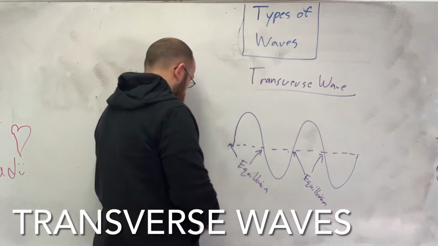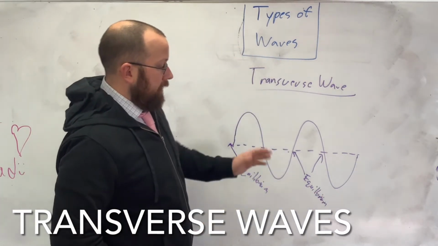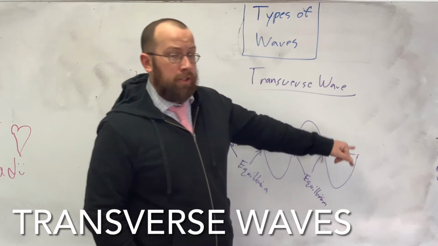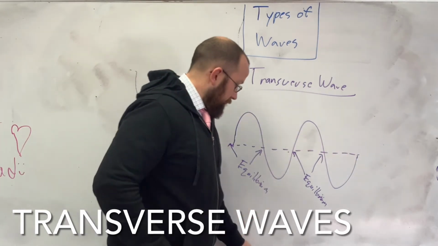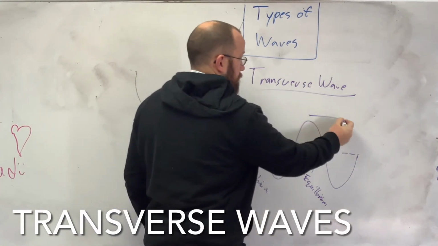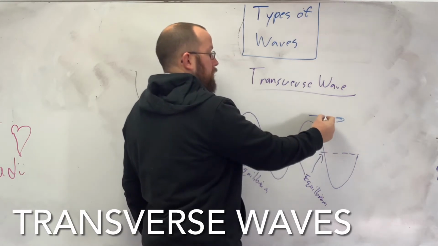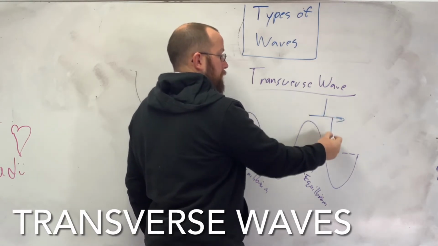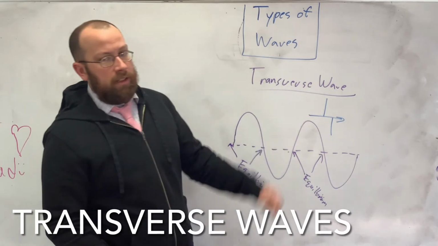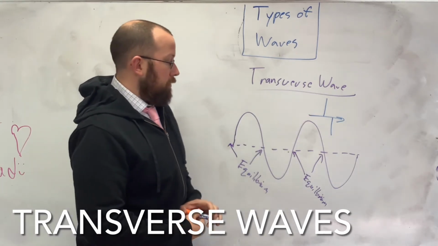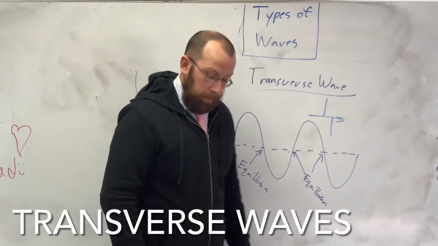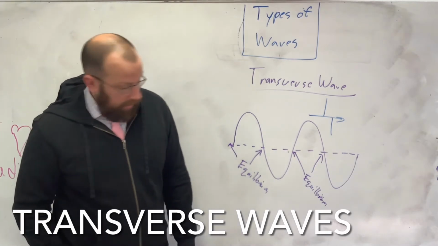These waves are perpendicular to the direction of travel. The direction of travel is going this way. The wave motion is up and down, perpendicular to the direction of the motion. That's what a transverse wave is.